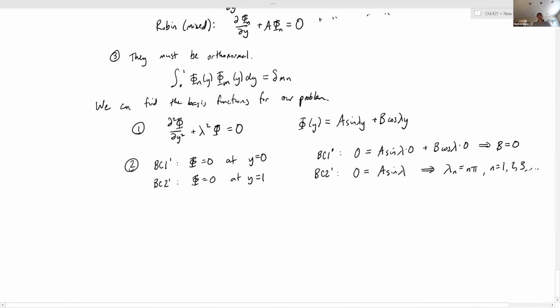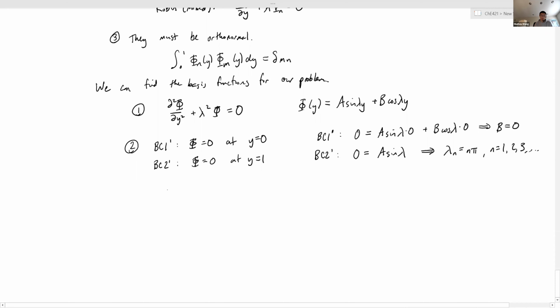Because if you know that sine of lambda is equal to 0, then lambda has to be either 0, or pi, or 2 pi, or 3 pi, etc. And so this is how we actually get the values of the eigenvalues here. This is where our lambda n comes in. Okay, and so there are infinitely many solutions.